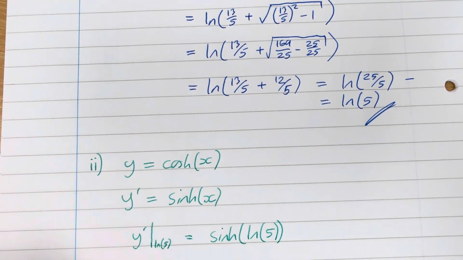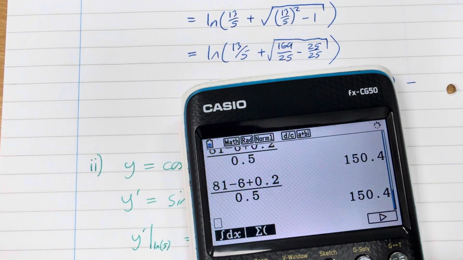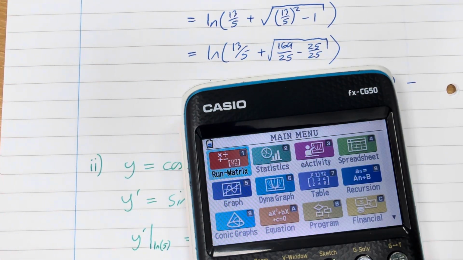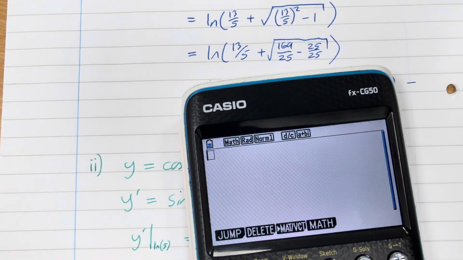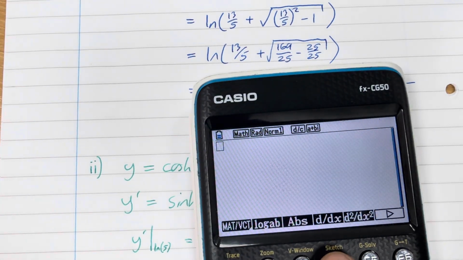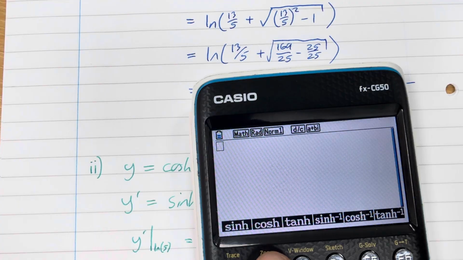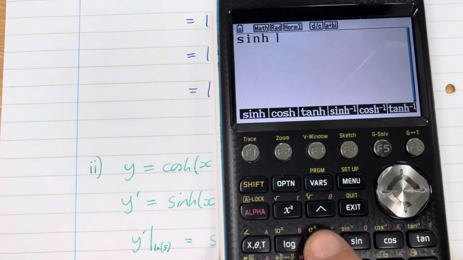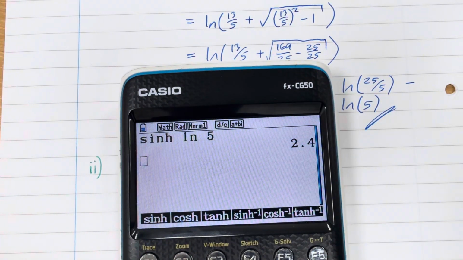Okay, so on the calculator, we can go into math, we can go to option, sorry. We can go to hyperbolic functions, and we want the sinh of the natural log, which is that button there, of 5, and that will give 2.4.